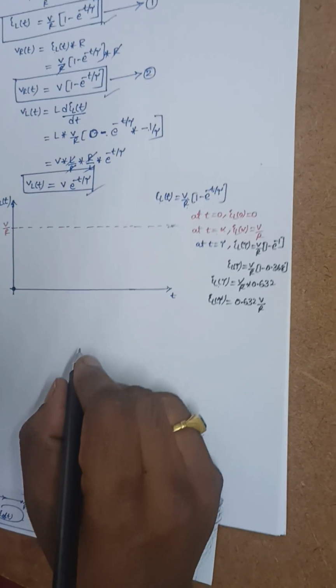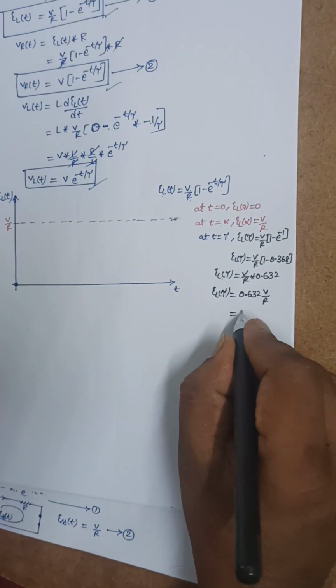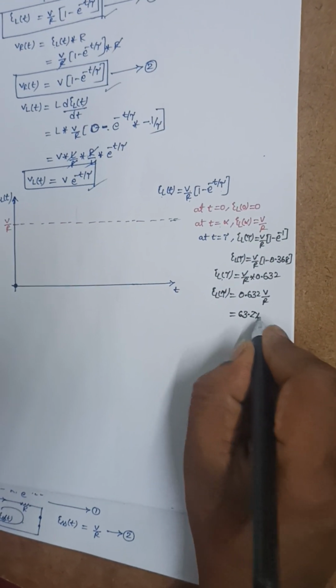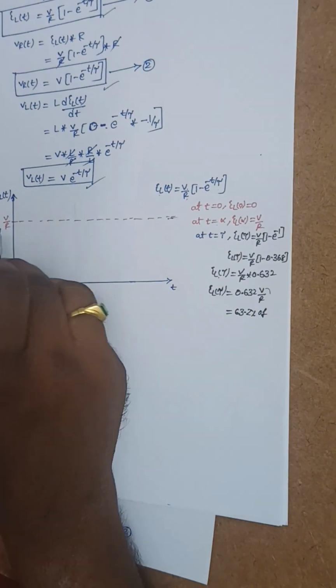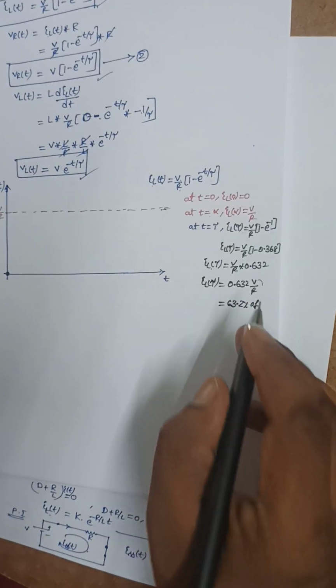Now I am defining this time constant here. That means it is 63.2% of the final value, V by R being the final value.